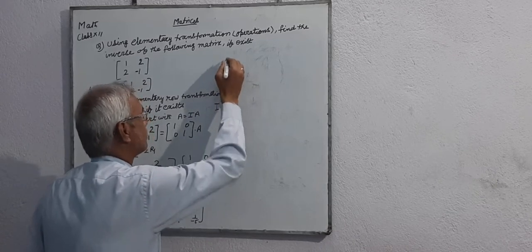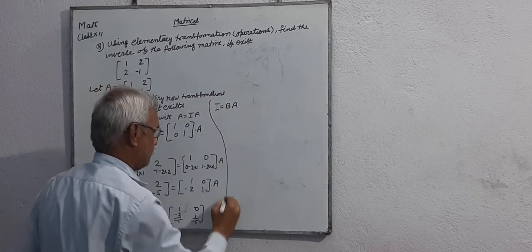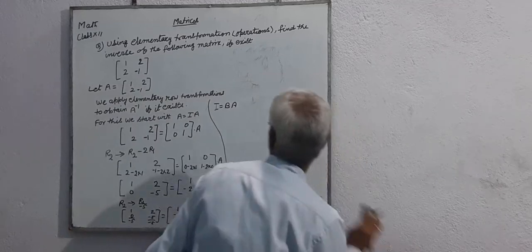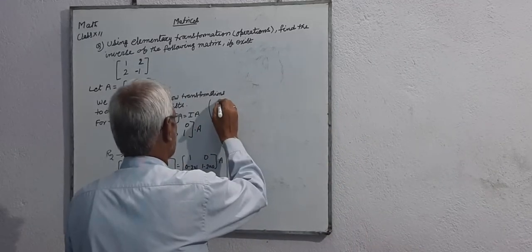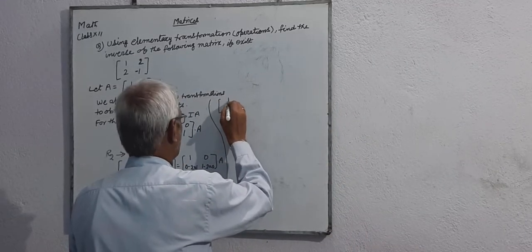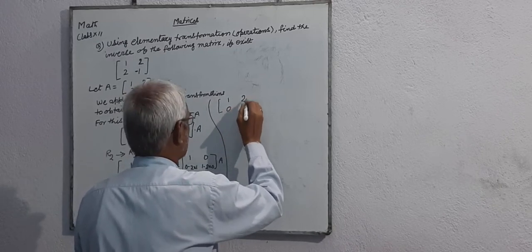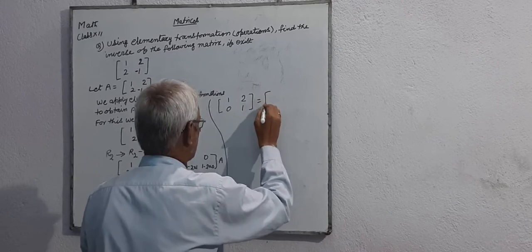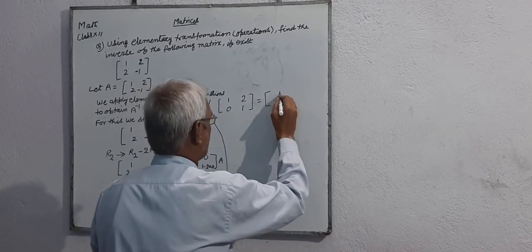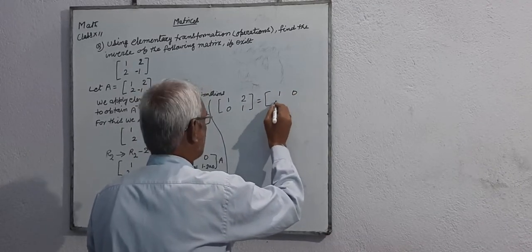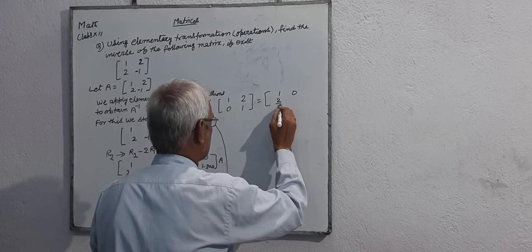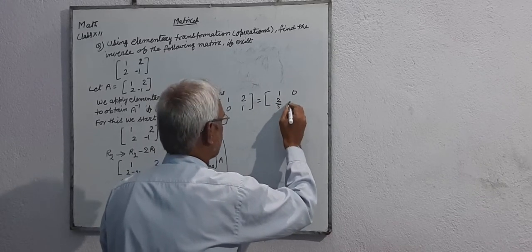We get 1, 2, 0, 1 equal to 1, 0, 2 by 5, minus 1 by 5.